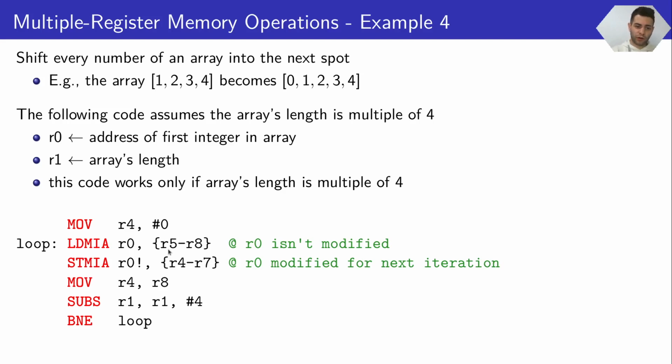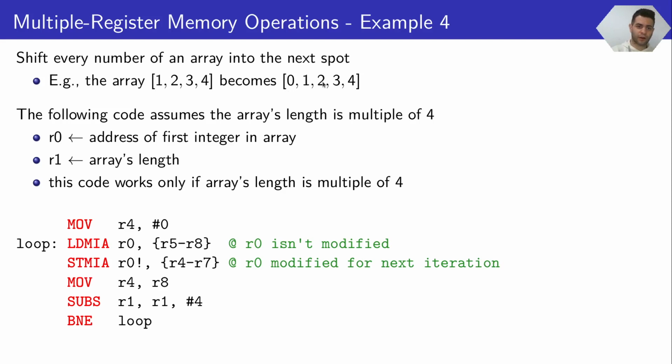And then what we're going to do, we are storing such values starting from R0, but this time we start from R4, 5, 6, and 7. So R4 was 0. So with this instruction, what we are going to do is copy 0, 1, and 2.